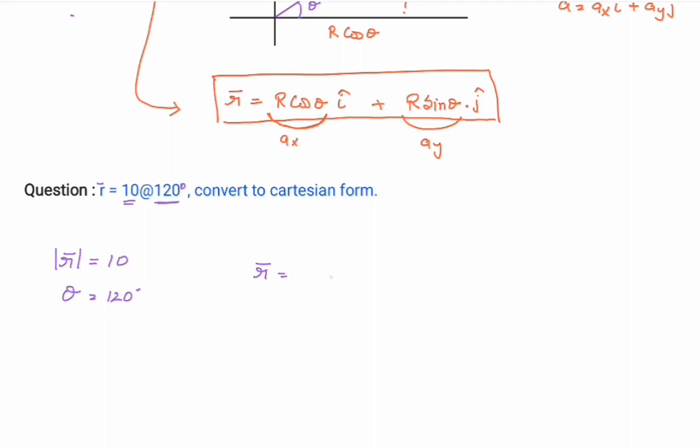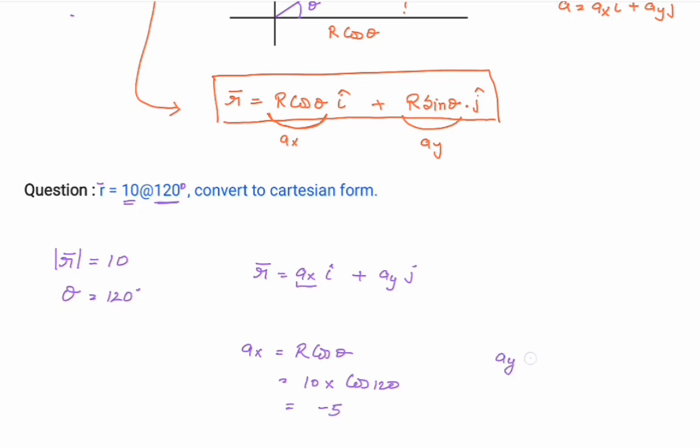Vector r will be ax i cap plus ay j cap. Ax is given by r cos theta, which means 10 multiplied by cos 120. Ax will be minus 5.